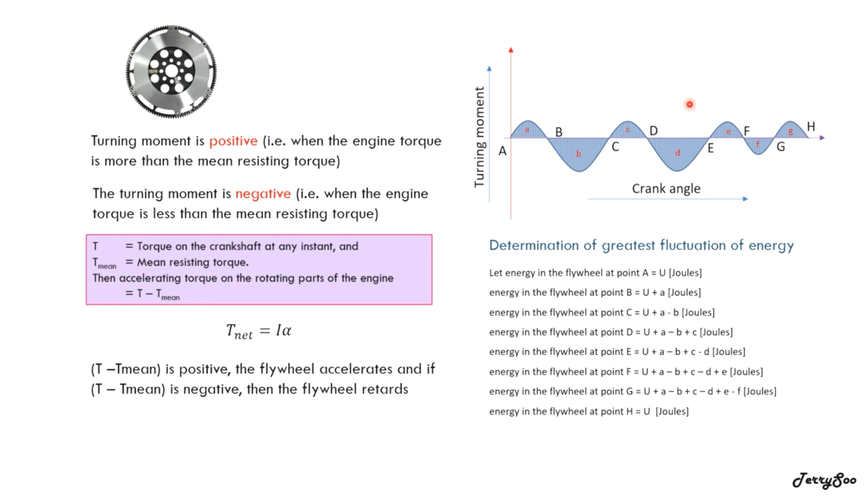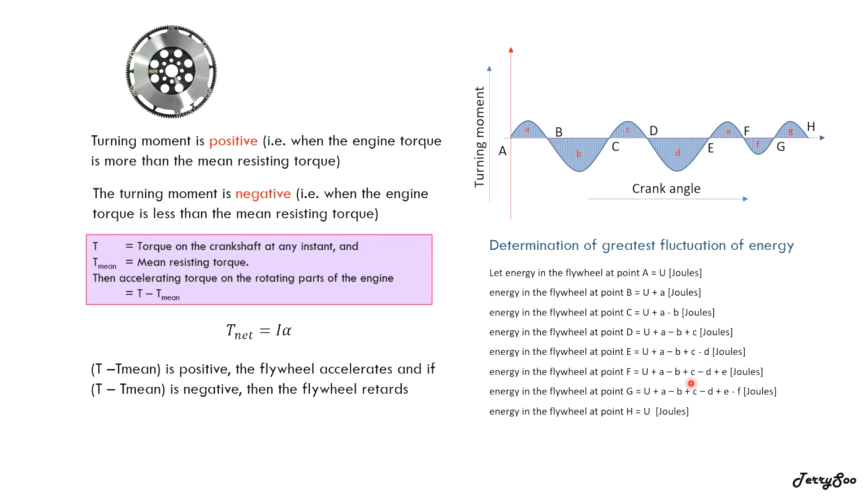It will go back to what you have initially, because we consider the energy balance stating that whatever energy is required by the engine, which is the area below the mean torque, is equal to the energy developed by the engine, which is equivalent to the area under the wavy curve that I've shown you here. So when you equate both, that means the equilibrium or the balance. When you start at A with U, at the end you should get U. That means if you consider 10,000, at the end you should get 10,000 in most cases.